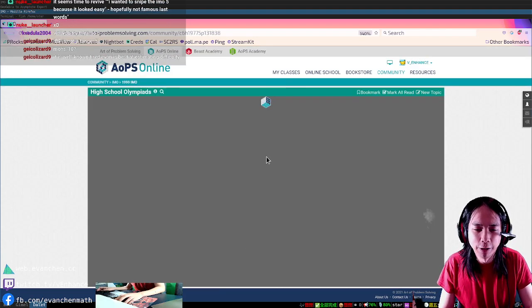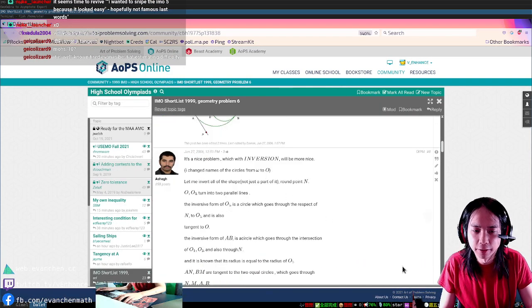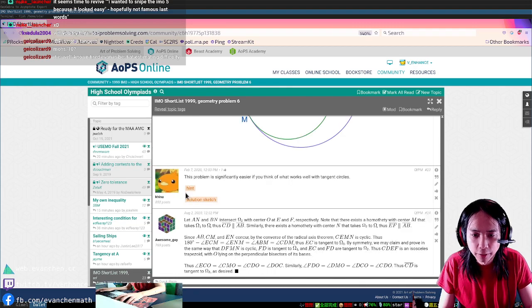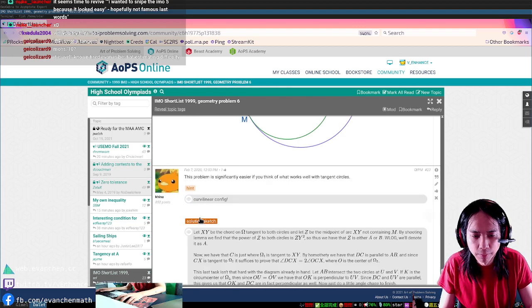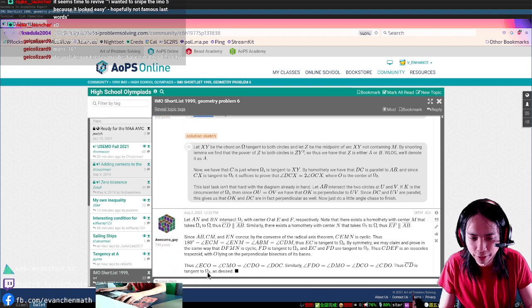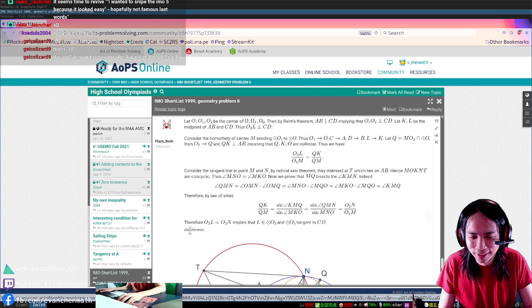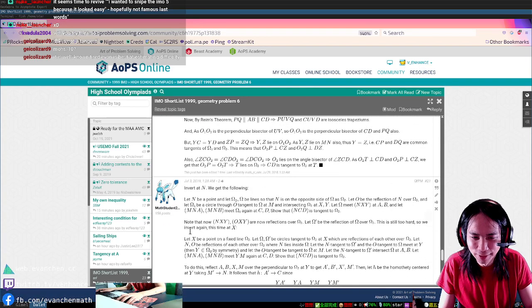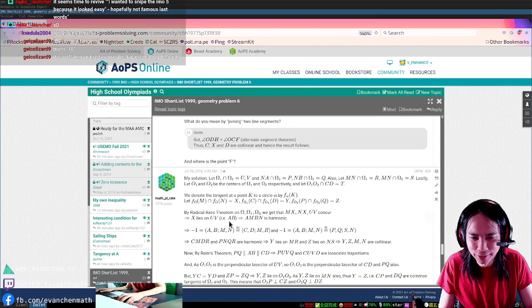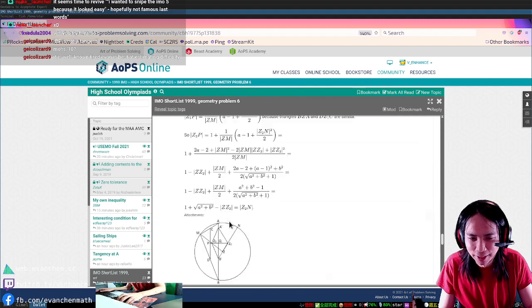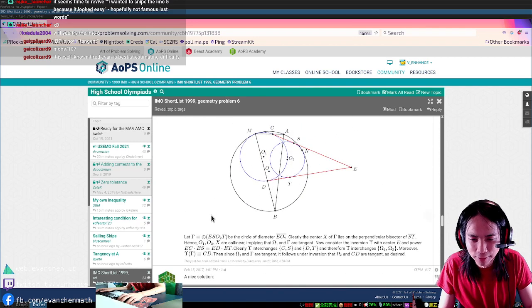It would be really scary if it was a problem where we couldn't identify the tangency point either. Invert. Okay, very cool. Curvilinear. Like okay, but all right. Everyone's just using inversion. Jesus Christ. Okay, now I don't feel bad at all.